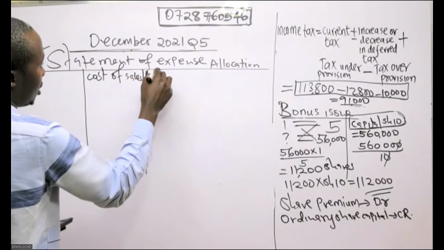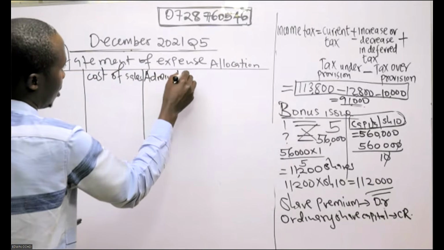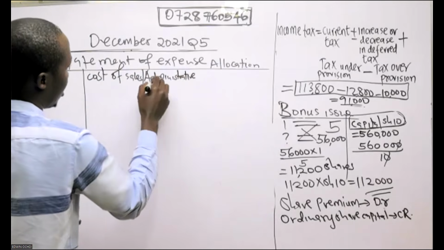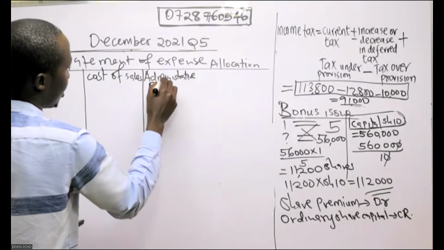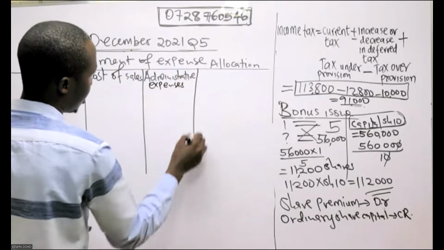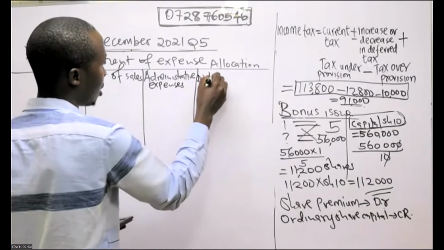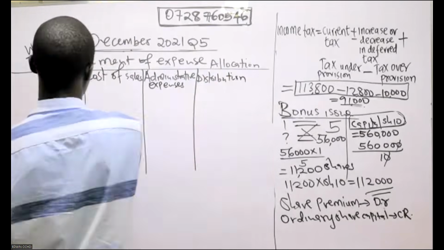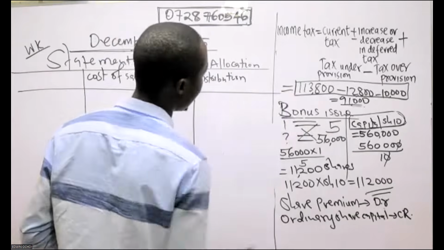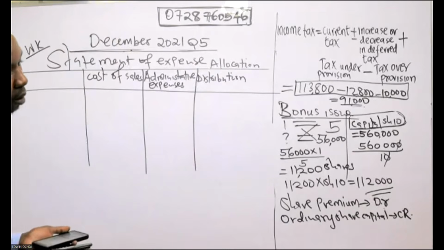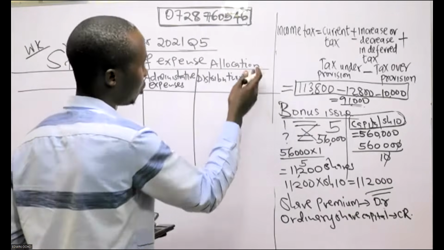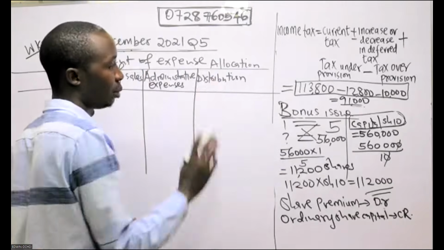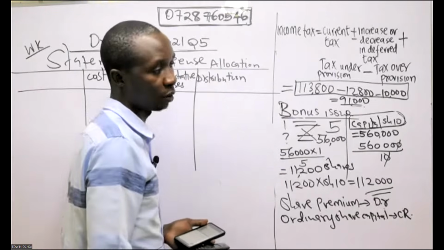Some go to administrative expenses. Some go to distribution. For finance, I don't write it here because finance is just interest. There's finance, but I don't have to show it here. That one will be done directly in the statement of profit or loss.